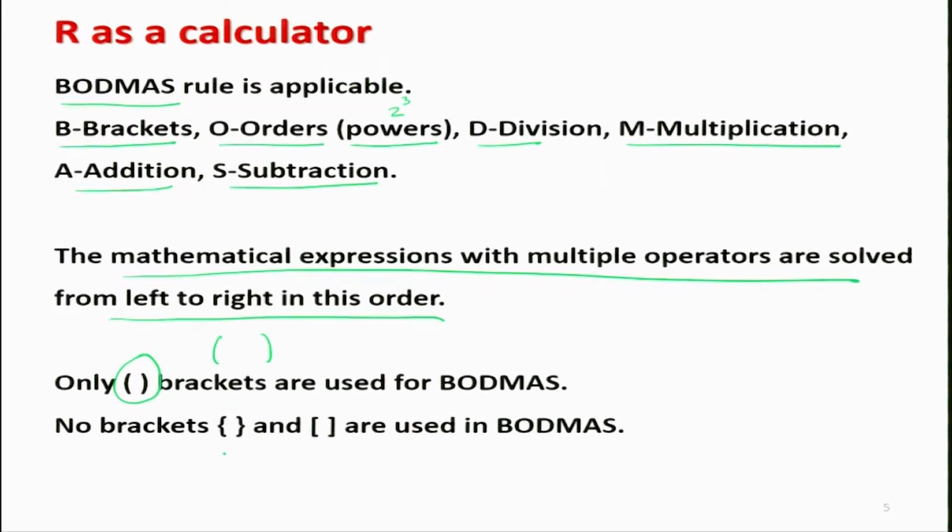The curly brackets like this one or the square brackets like this one are not used in doing calculations in R. You will see later on that these two symbols, the curly bracket and the square bracket, are used for some other job.